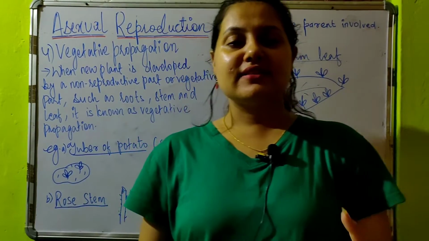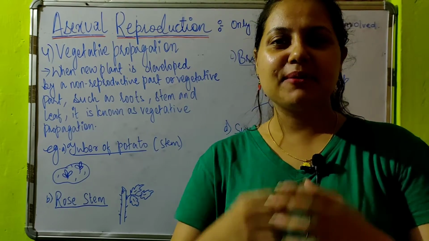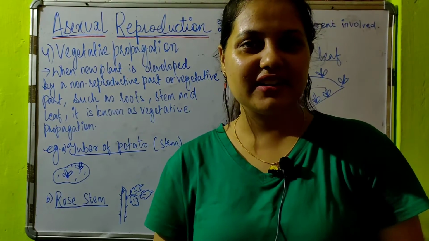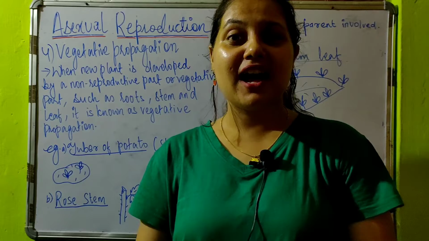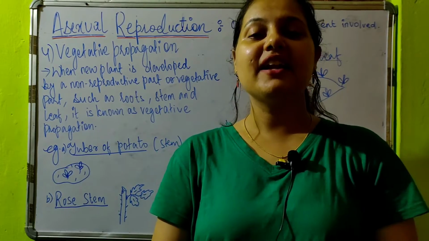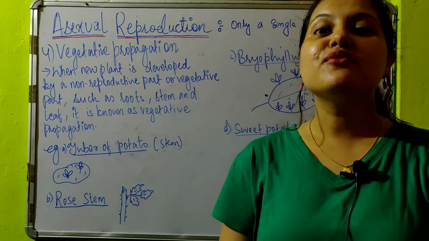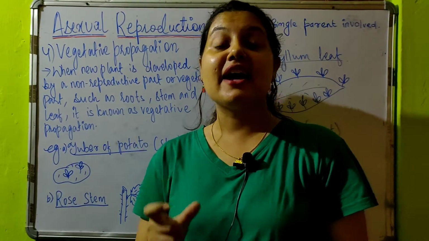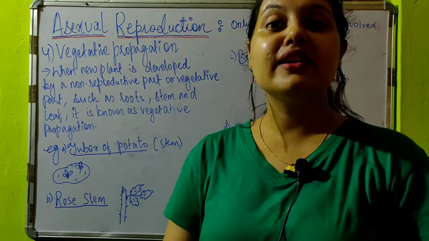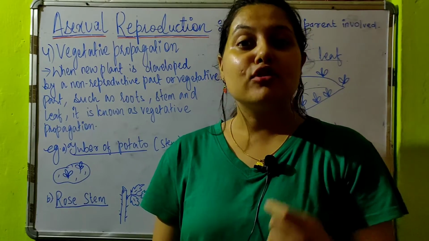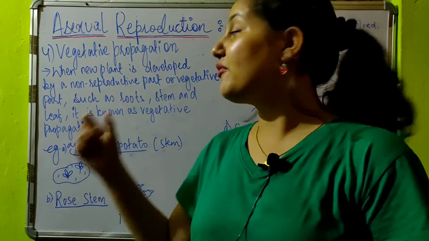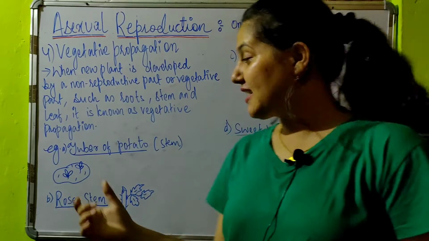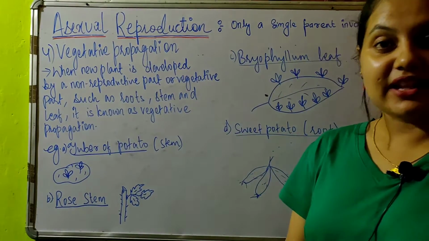You have studied that plants reproduce through seed. From the very lower classes we are studying that plants reproduce through seeds. But in this case we can see that the plant reproduces not only from seed but also from the vegetative parts, that is through root, stem and leaves.